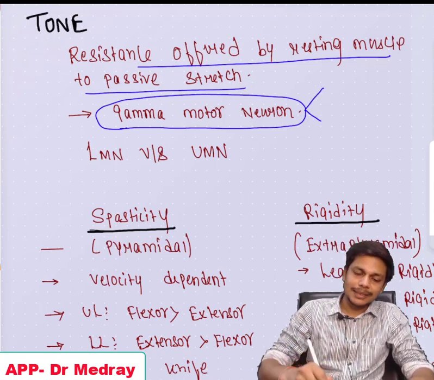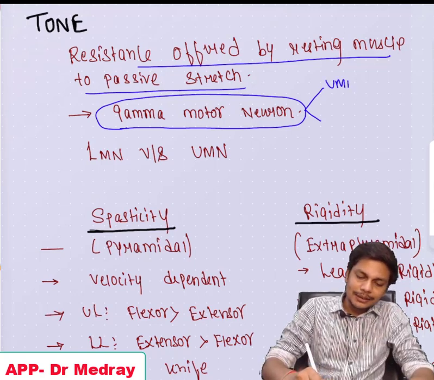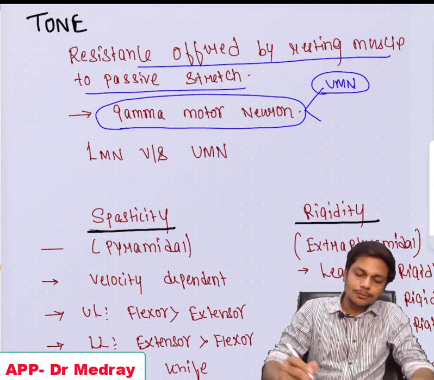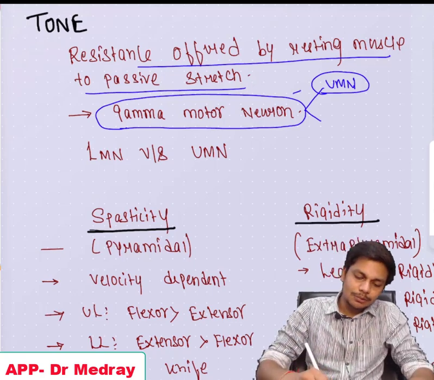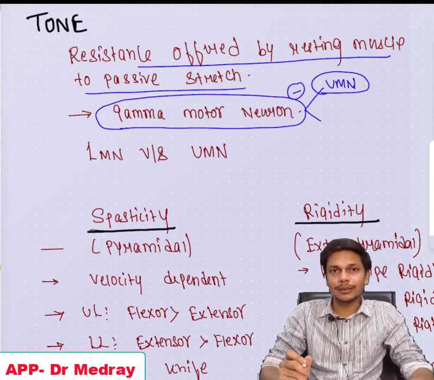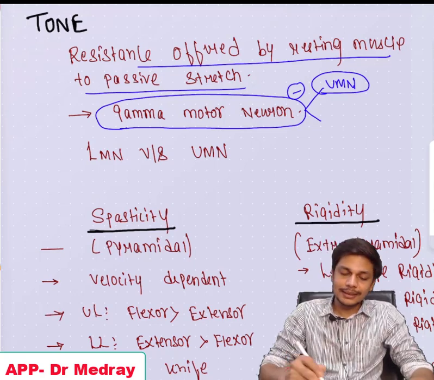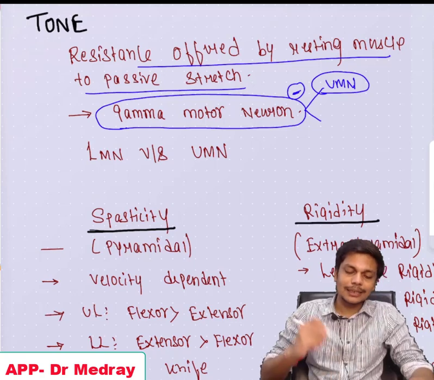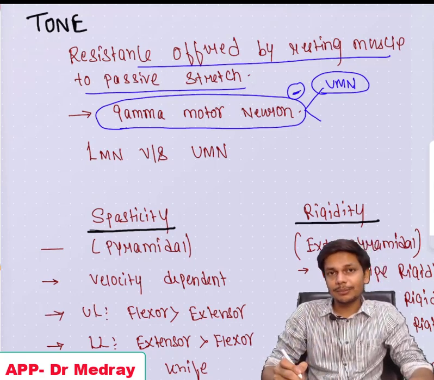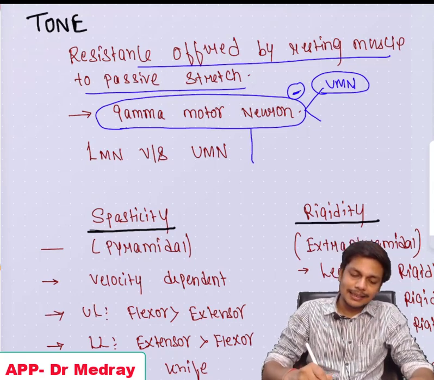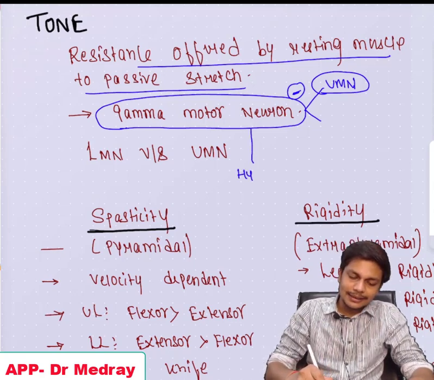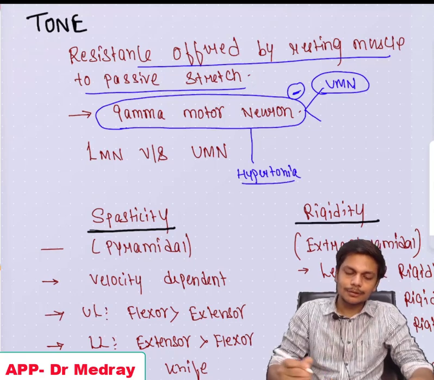If the patient has an upper motor neuron pathology, the function of the upper motor neuron was to inhibit the lower motor neuron, that is the gamma motor neuron. So there is no inhibition of the gamma motor neuron, it will overfire and the tone of the patient will increase. That is known as hypertonia.